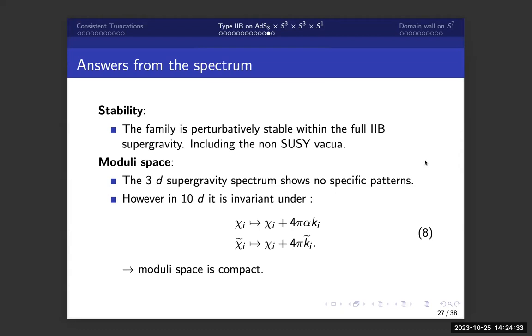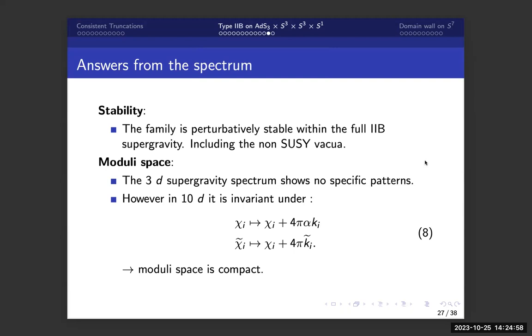Can you think of it as modding by some discrete subgroup? It looks a bit like this kind of SL2 action on some kind of torus complex structures. Is this what you mean? Yes, it's similar, but I think it's a bit strange because, if you think about it, this is generated by the T and S transformations, right?